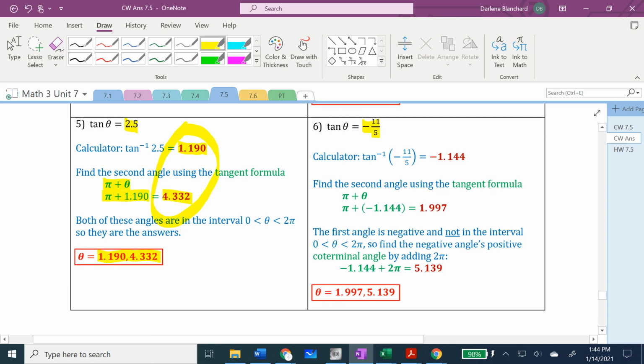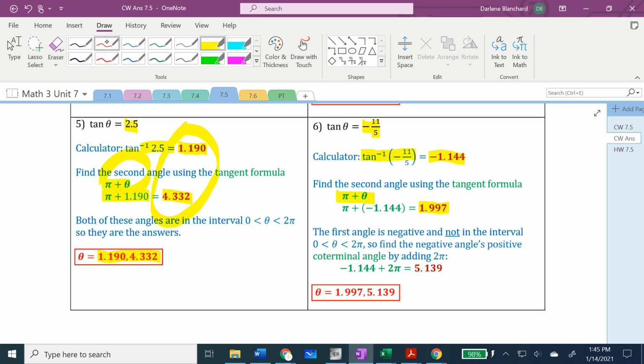But for this negative answer to tangent, when you put it into your inverse tangent function, it's going to give you this negative number. Now, just like you did over here, you're going to add pi and get the number that is across the unit circle. That second angle that you're getting with your formula is always going to be one of the positive angles between 0 and 2 pi.